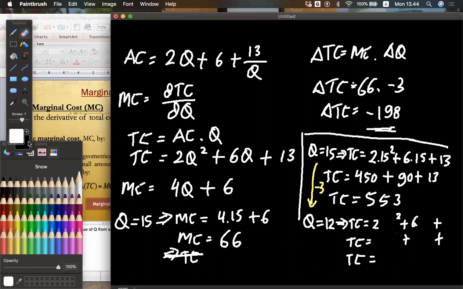So the background is in the back side. Okay. And put it become 2 again. Now 2 times 12 quadrat 6 times 12 and plus 13 still, because the 13 is in the formula. So this is the one that correct.